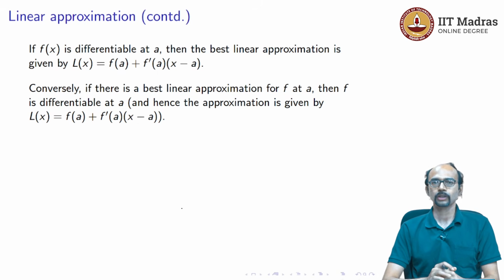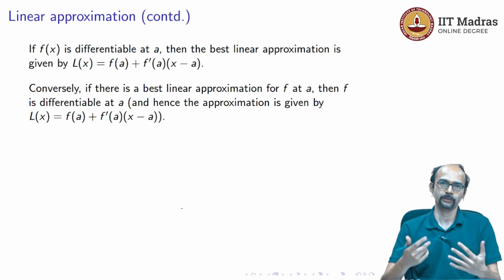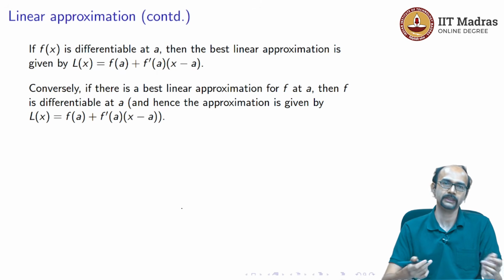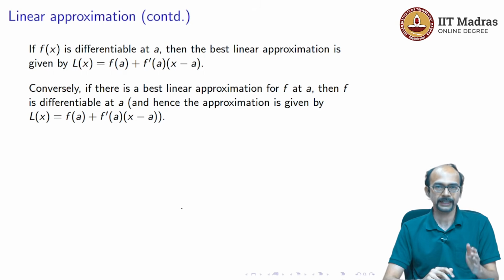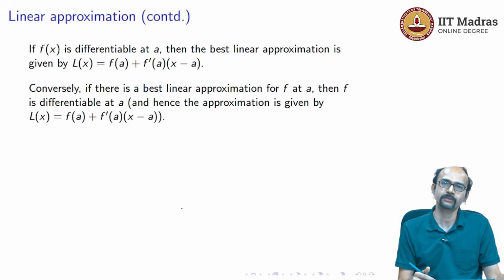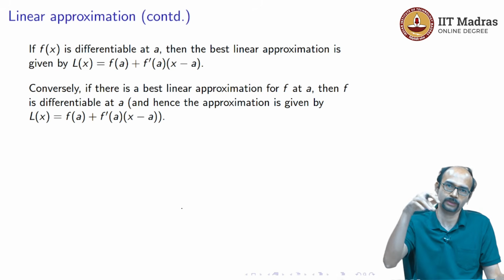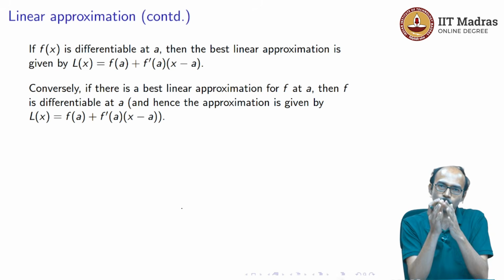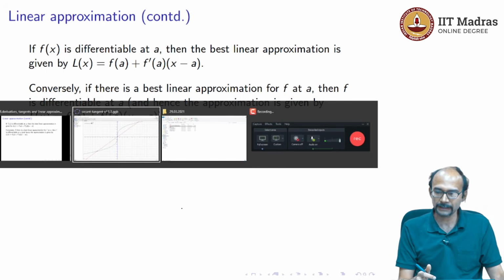This is not very difficult to imagine. It is a very intuitive statement, because if you looked at the pictures that we had, indeed as x came closer to the point A, the graph of the function f was very closely approximated by the tangent.